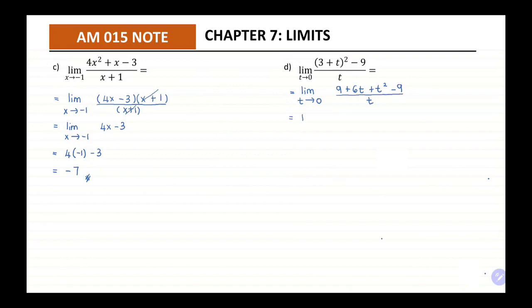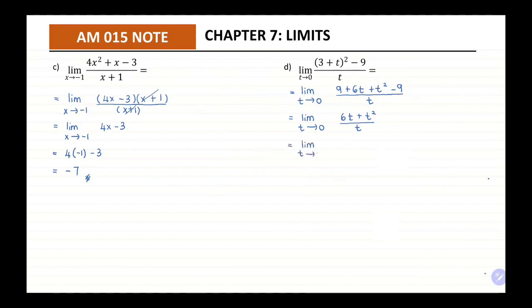Okay, then we solve, and we get (6t plus t squared) over t. If we substitute t equals 0, we still get 0 over 0. So we need to factorize again.